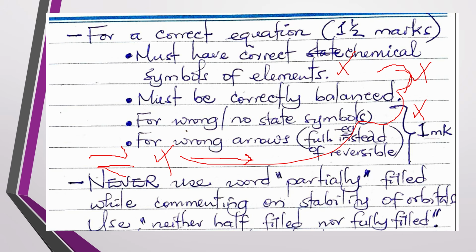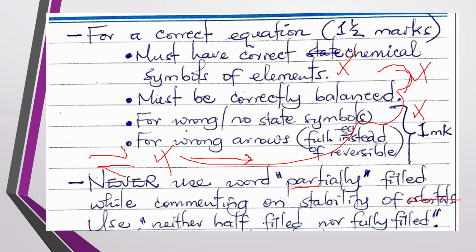The other point of concern is to never use the word partially filled while commenting on the stability of the different subenergy levels. I told you to avoid the word orbitals and use subenergy levels. If you have been on this channel long enough, I told you to avoid orbitals and strictly use subenergy levels for the safety of your marking.